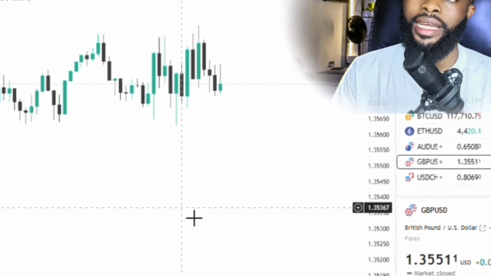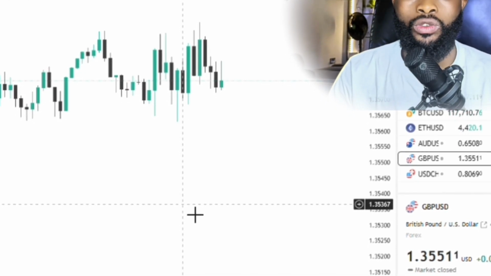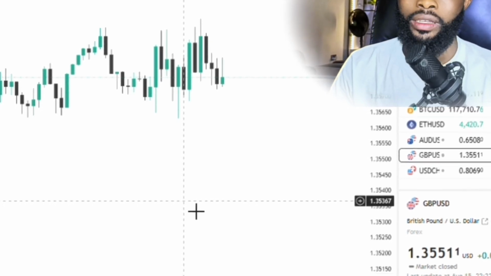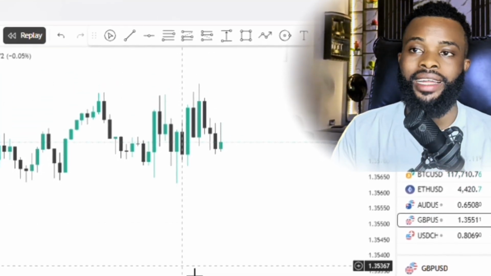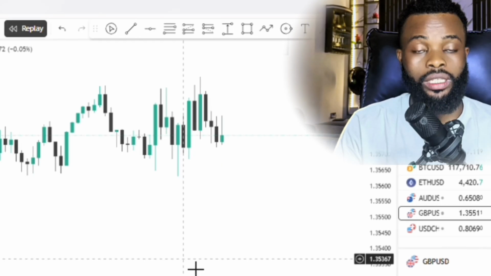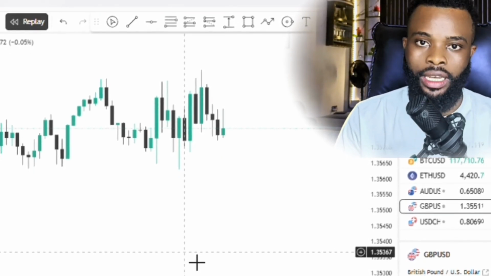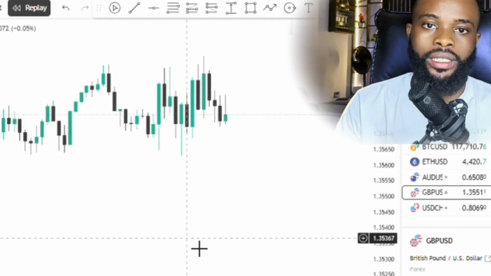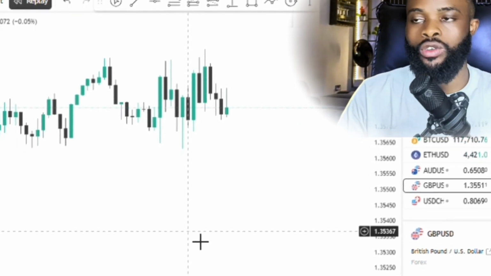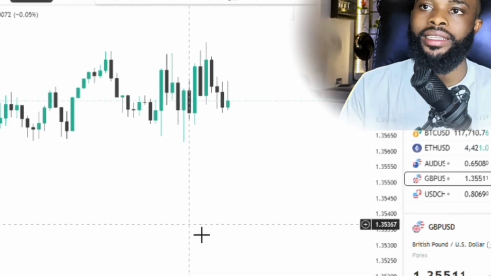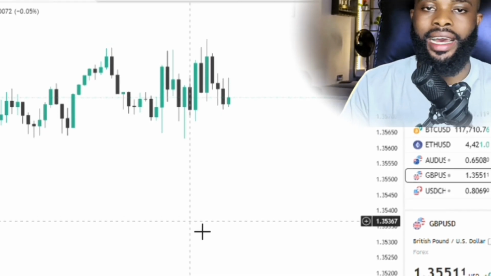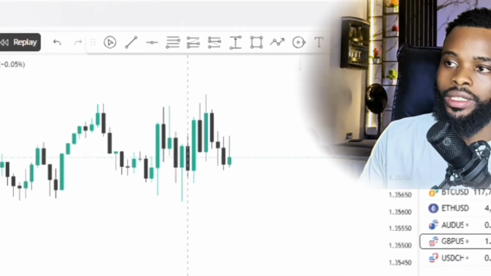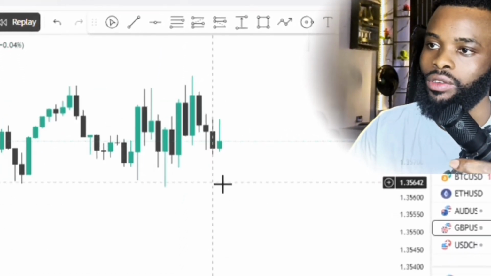Meaning that GBP USD is going to drop, is going to sell, because GBP is acting as the base currency, as the major currency here. But since USD has overpowered it, GBP USD is going to be selling, while USD JPY is going to buy, since USD is acting as the base currency.